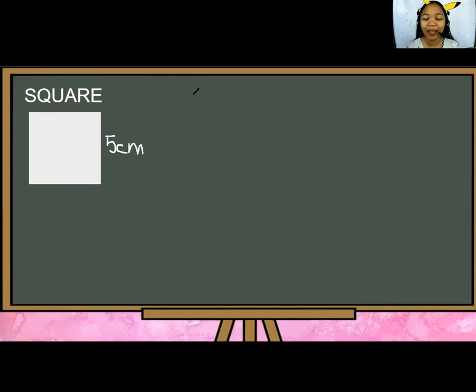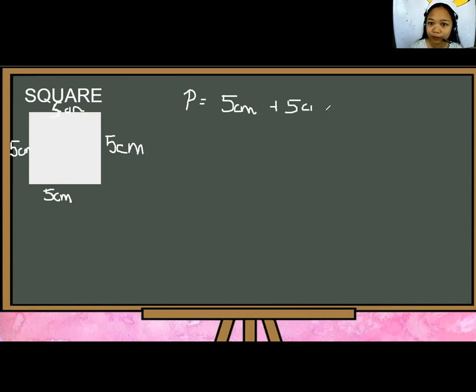Okay, so let's start with the perimeter. Perimeter, everyone, is the sum of all the sides. So if you have 5, another 5 here, another 5 here, and another 5 here, that would be 5 centimeters plus 5 centimeters plus 5 centimeters plus 5 centimeters, which is equal to 20 centimeters.